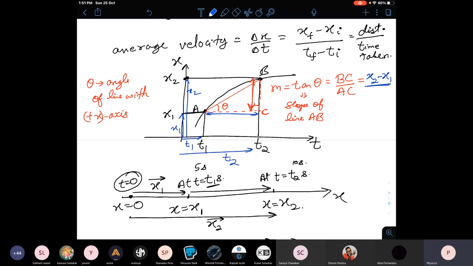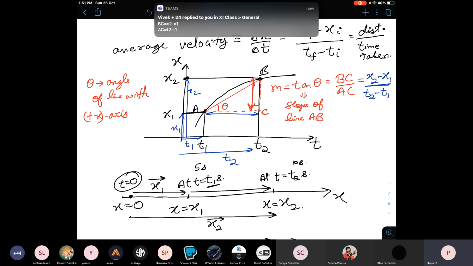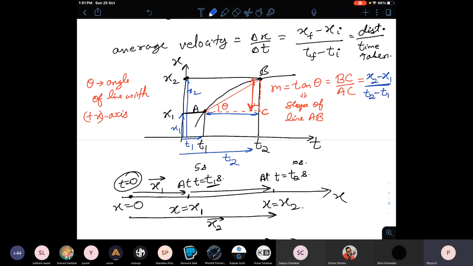So AC is t2 minus t1. So what I am concluding is that the slope of line AB is x2 minus x1 upon t2 minus t1.